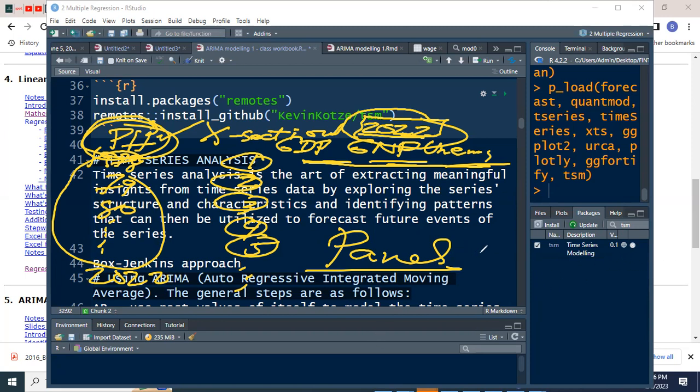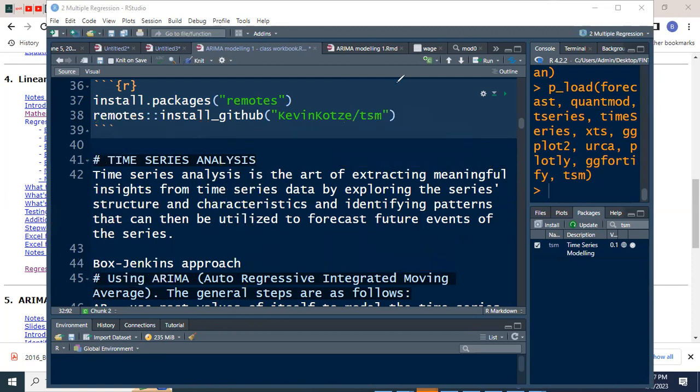For example, the Philippines from 1978 to 2022, and then Malaysia, 1978 to 2022, etc. So you have several different time series, and different cross-sectional units. We combine them, and you now have your panel data. I hope it's clear what the time series, cross-sectional, and panel data are.